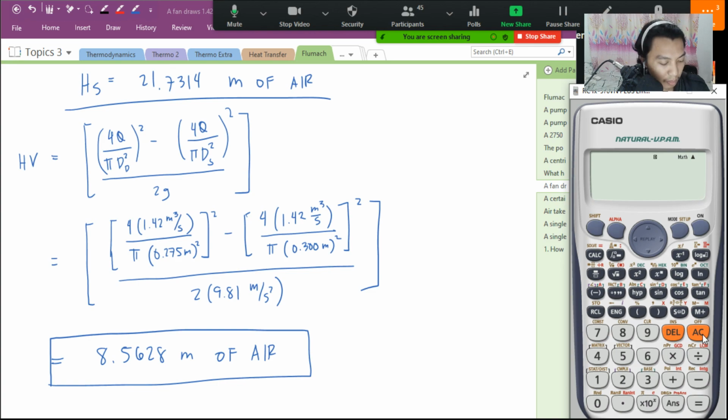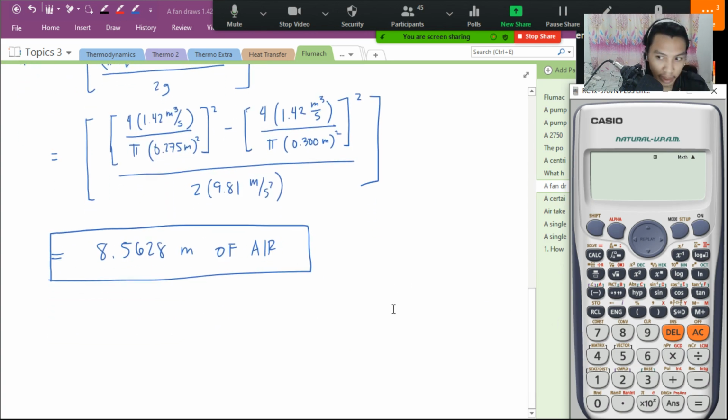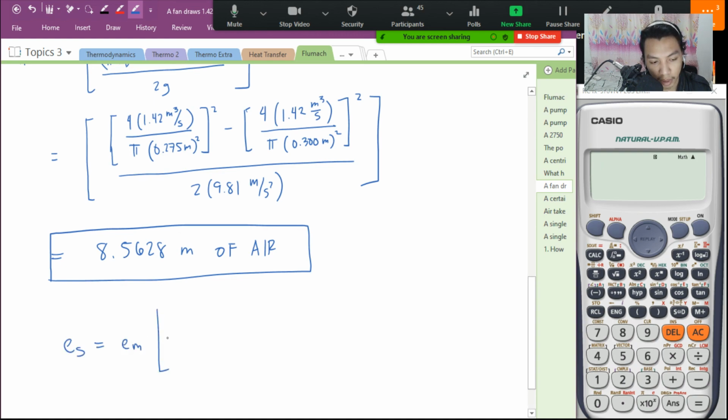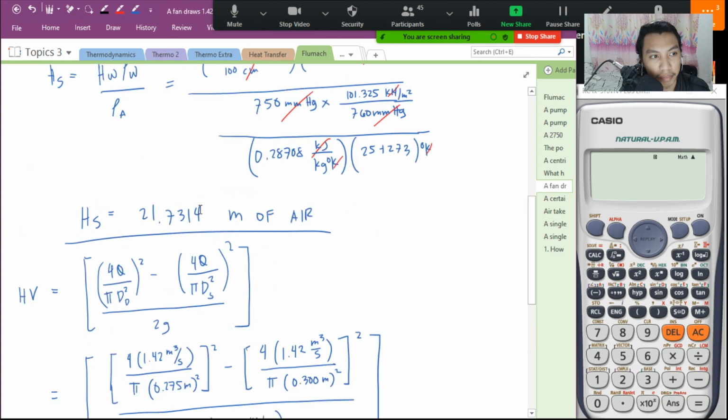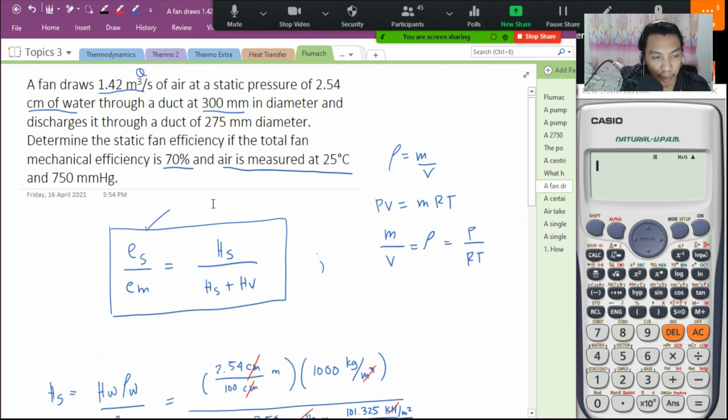The answer will be for ES, okay? ES is equal to EM multiplied to HS over HS plus HB. Kaya lang si HS is letter A, to si letter B. Okay. Where EM is 0.7.